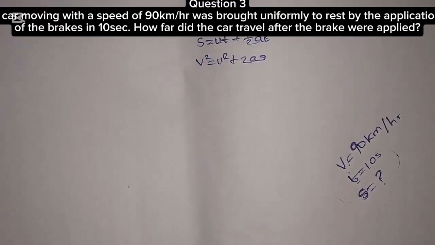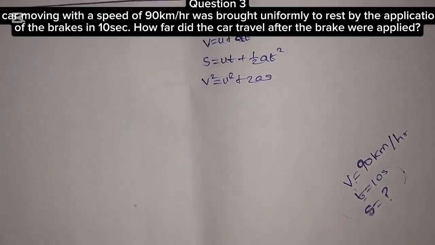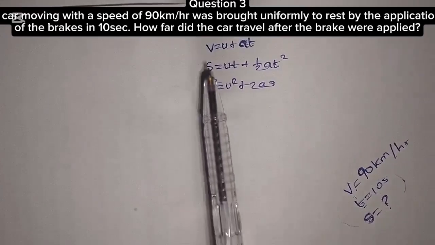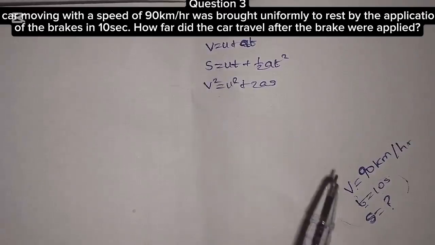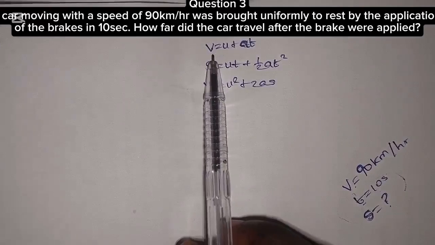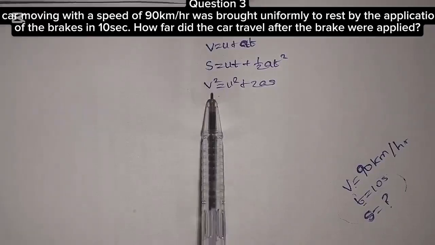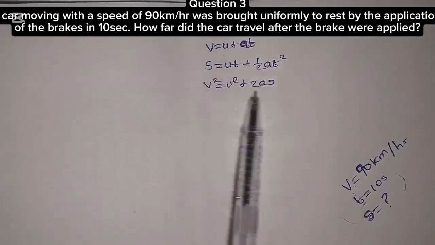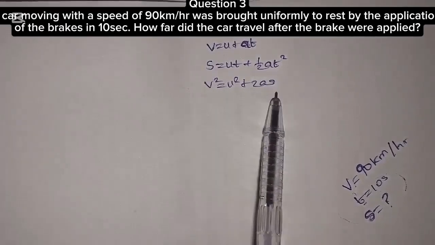Now, in order to solve this question, we need to go through the 3 equations of motion. If you look at the first one, there was no displacement, no distance, so there is no s in this one. Then if you look at the last equation, there is no time, so we cannot make use of it.